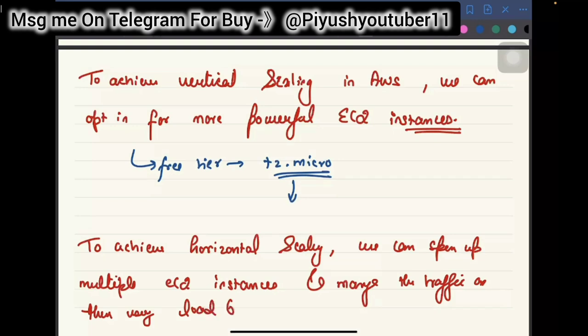We already talked about load balancers. So we can spin up multiple instances altogether, and then in order to manage them so that the requests are routed properly, we can instantiate load balancing.